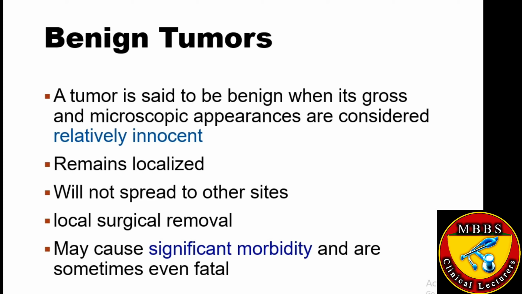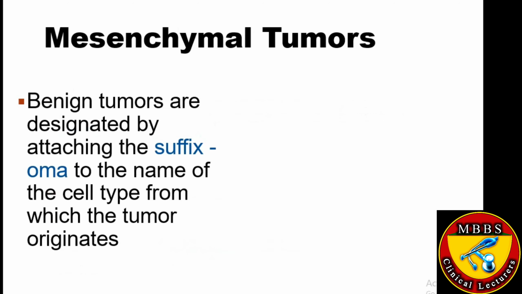They remain localized and will not spread to distant sites. They can be surgically removed because they are usually encapsulated. They can cause significant morbidity, as I told you, such as pain and nerve pressure effects, but still the patient survives.